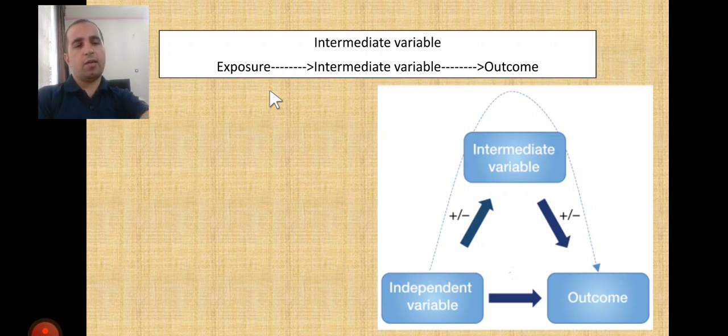In our example, suppose that the smoking, before showing its effect on the cancer, shows adverse effect on the COPD, the chronic obstructive pulmonary disease called COPD. So COPD in this example is the intermediate variable.